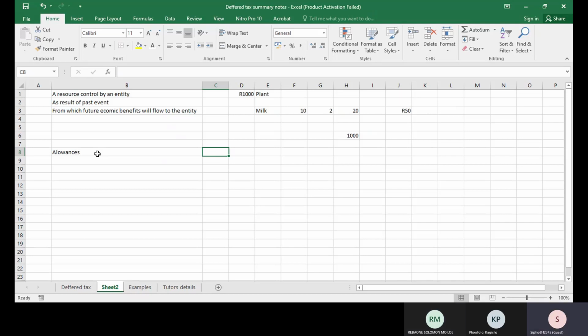SARS is going to say, I'm going to give you a deduction for using this plant of 1,000 over the 50-year period. Maybe SARS will say over the 20-year period. So over the 20-year period, it means every year SARS will give you a deduction of 50 Rand.